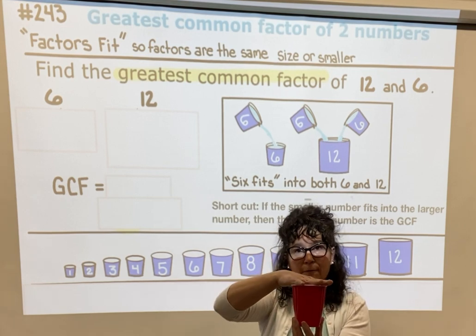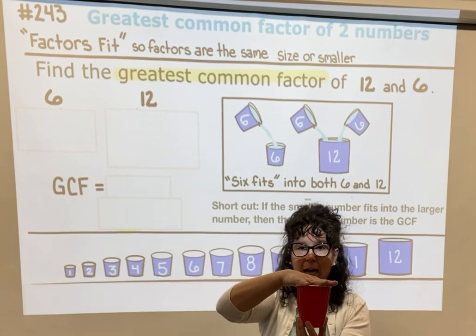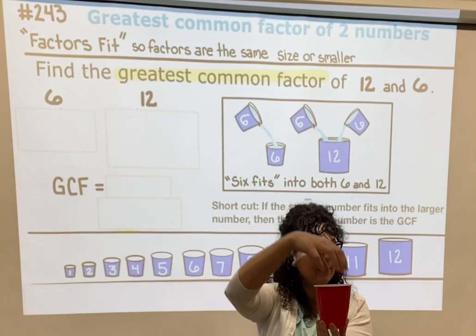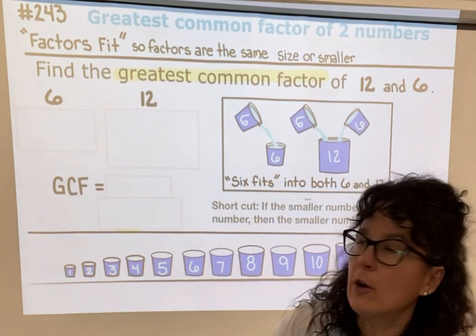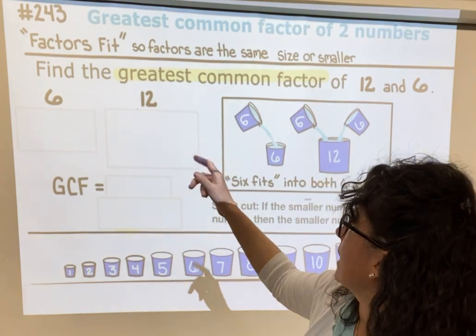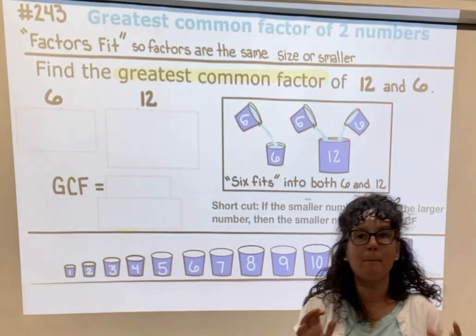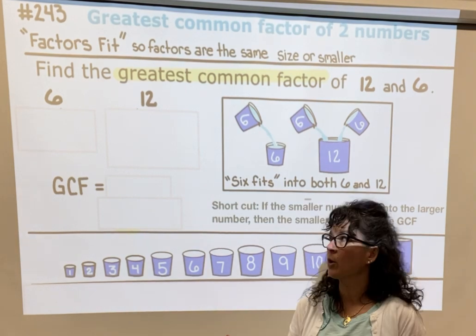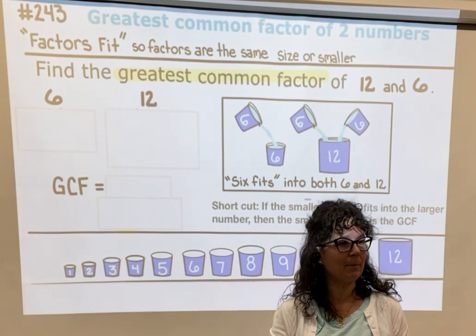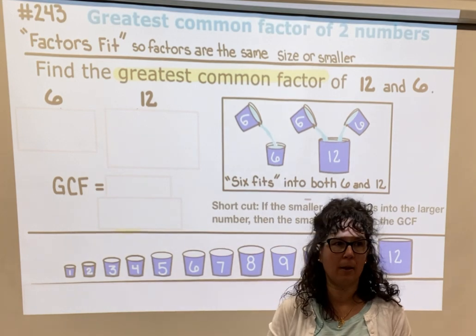It's completely full, nothing spilled out, so 12 fits into 24. Now, if we have two numbers, for the greatest common factor we want the biggest number that fits into both. In other words, what cup can I use to fill them both up?